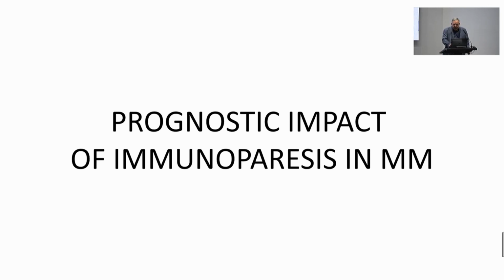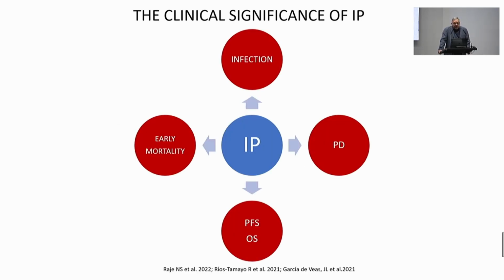We are talking about the prognostic impact of immunoparesis in multiple myeloma. The first consequence of immunoparesis, logically, is an increased risk of infection. Patients with multiple myeloma have about a 7 to 10-fold increase in the risk of infection, whereas MGUS patients have only 2 times.